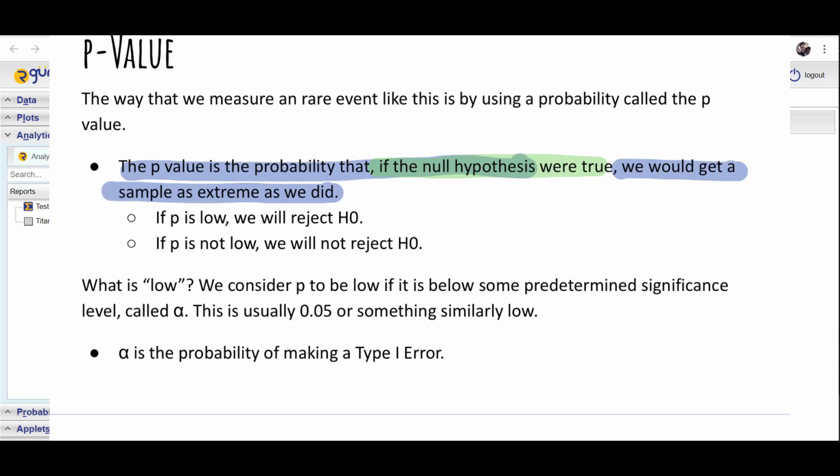So what do we consider low? In the past, we have considered anything less than 5% to be low, but we're going to introduce this notation here, which we have actually seen with critical value. This is alpha, if you will recall, and it is the significance level.